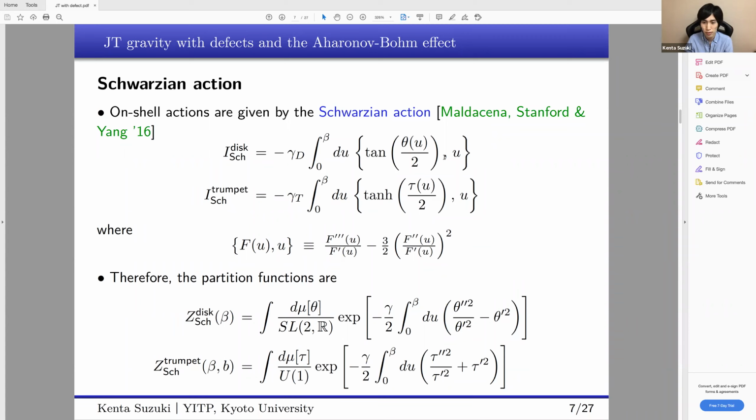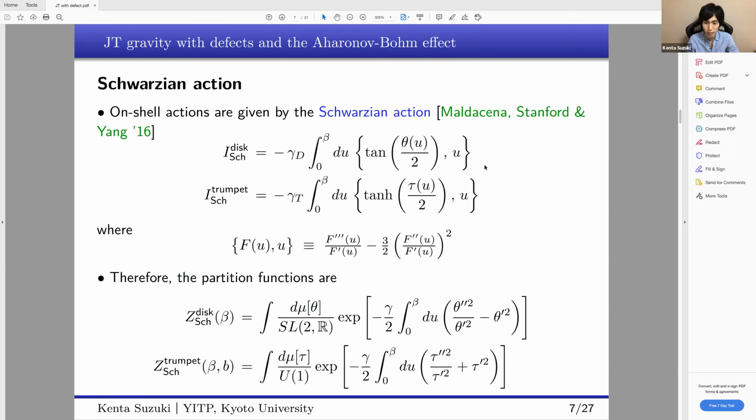So I will actually explain in a little more detail how to get these actions, but here we expressed the bulk angular coordinates theta or tau in terms of the boundary time u.